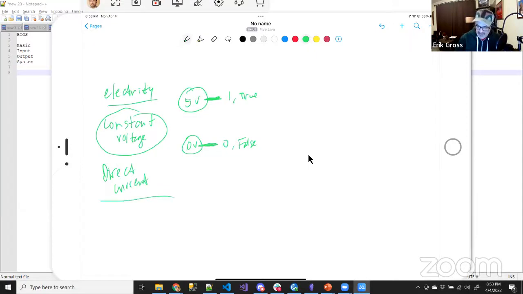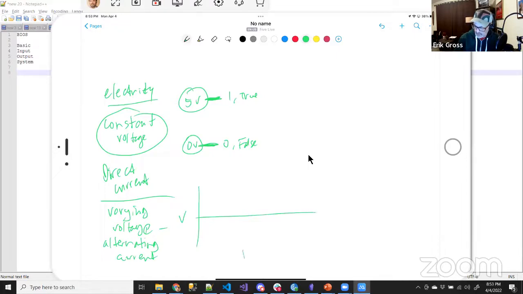And that's as opposed to varying voltage, otherwise known as alternating current. Now here, if you're going to measure voltage over time, it might look like this.